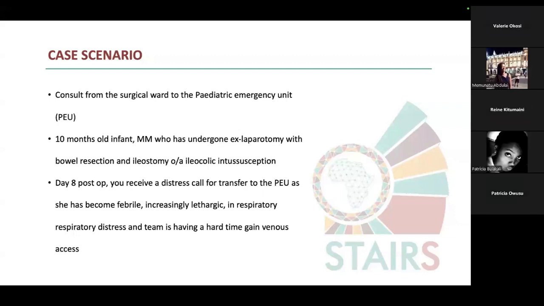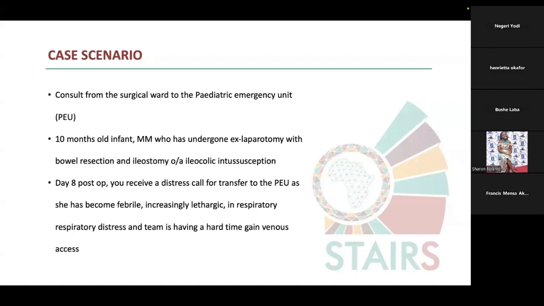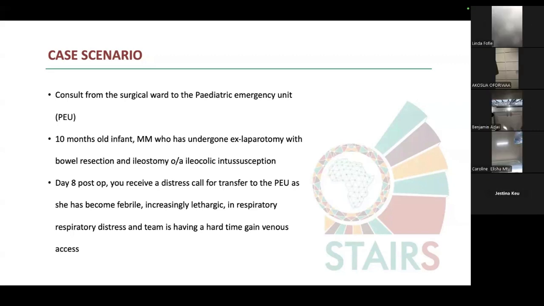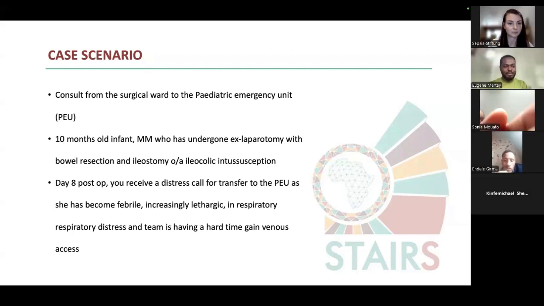On post-op day 8, you receive a distress call for transfer to the pediatric emergency unit as she has become febrile, increasingly lethargic, in respiratory distress, and the team is having a hard time gaining venous access for this child.